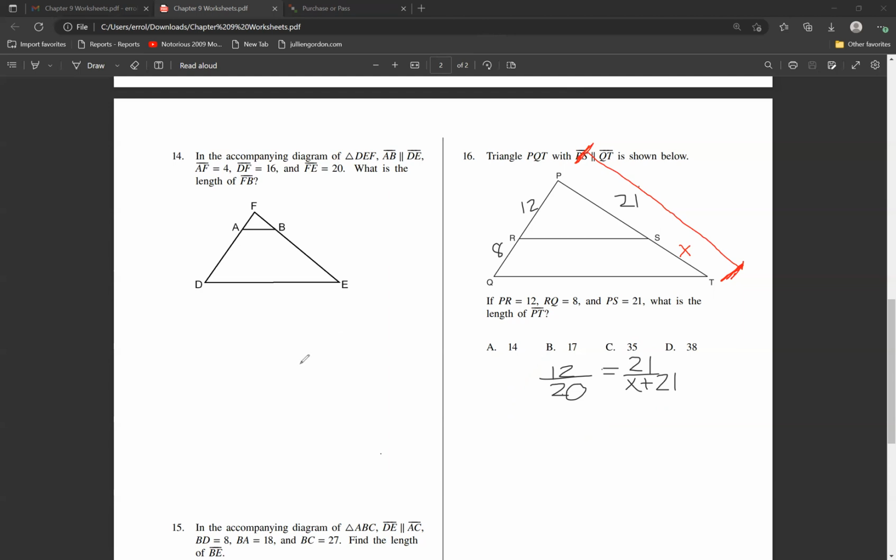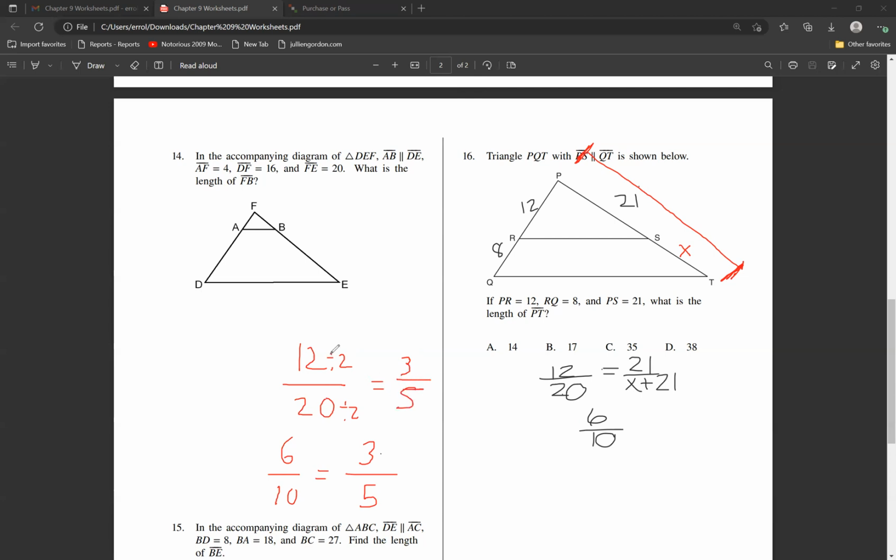What's the biggest number that goes into both? Okay, now divide by 2, divide by 2. It is 6 out of 10, but this could still be reduced. 6 out of 10 is the same as 3 over 5. Okay. So 12 over 20 equals 3 over 5.